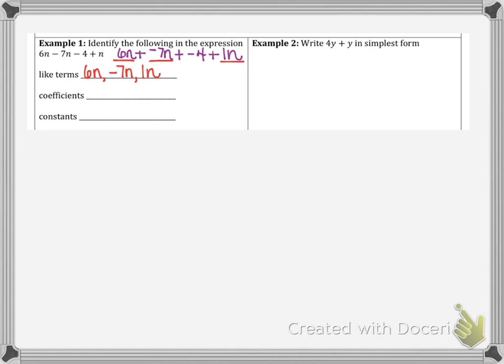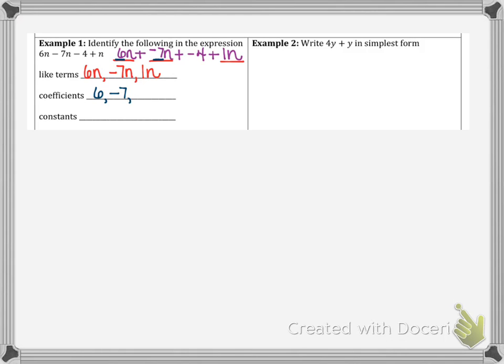Coefficients are the numbers that are being multiplied by the variables. So I'm going to go in with a different color and show you. The coefficient here would be 6. 6 is being multiplied by the variable n. So we've got one coefficient of 6. Negative 7 is our second coefficient because it's being multiplied by a variable.